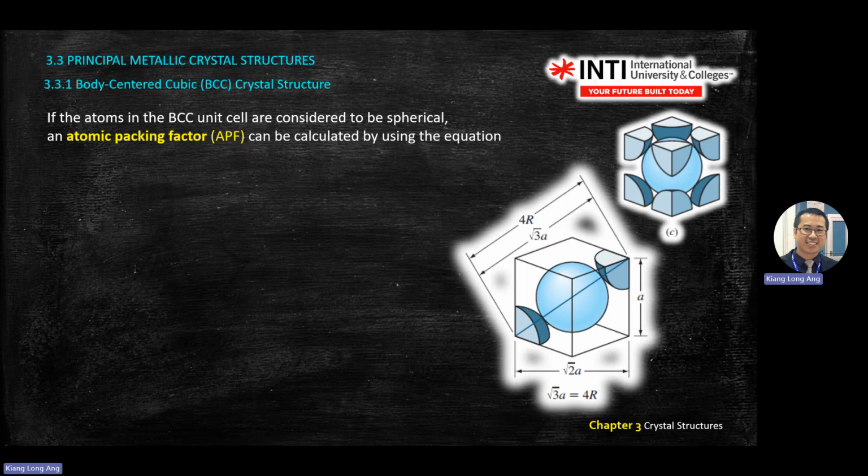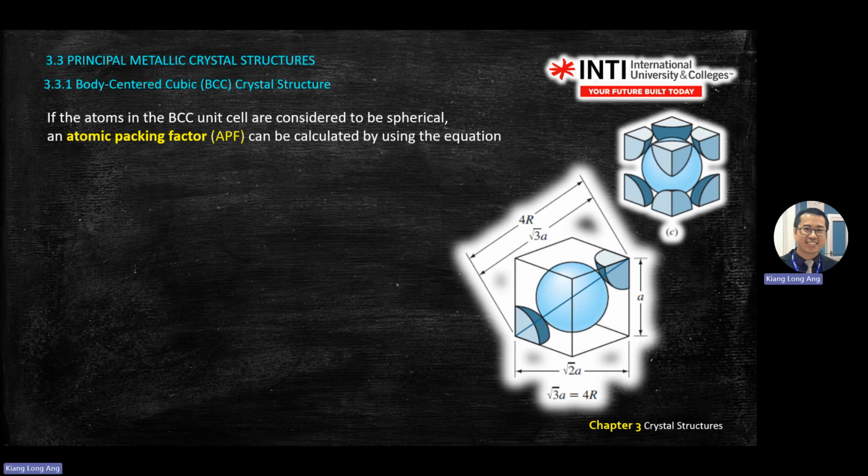There are only two items here to focus on. One is the cube. What is the volume of the cube with the A side? How do you find the volume? A cube, A to the power of 3. How do you calculate the volume of 2 spheres?